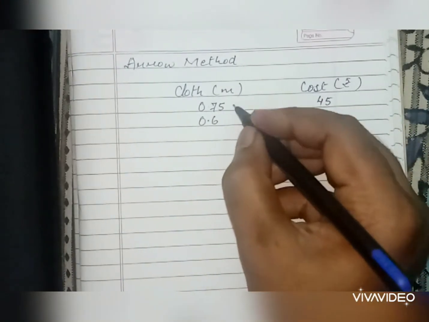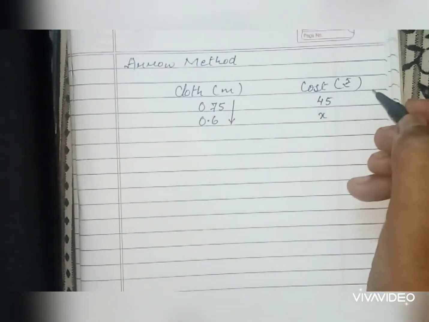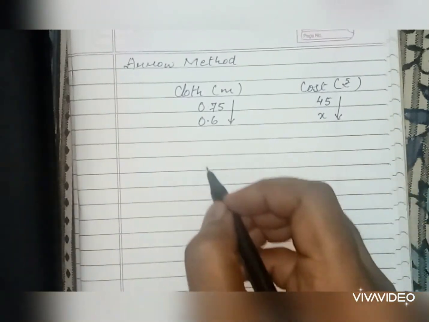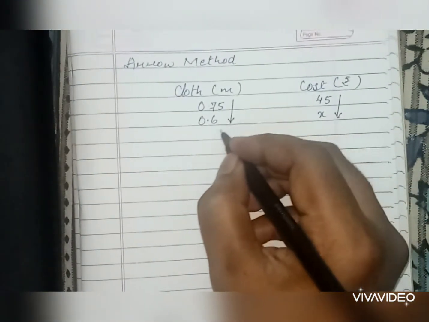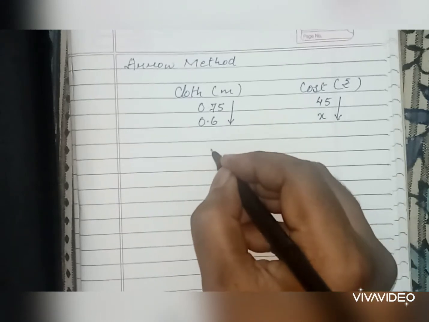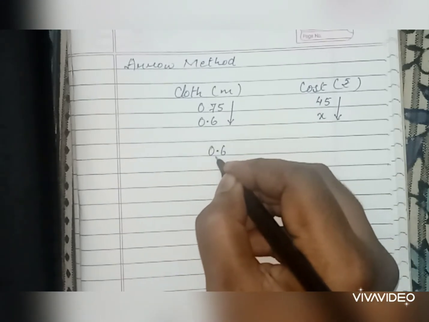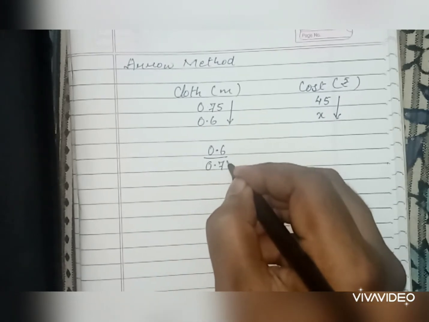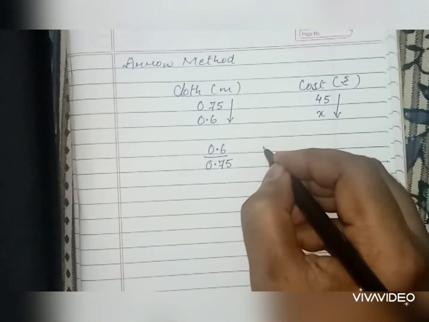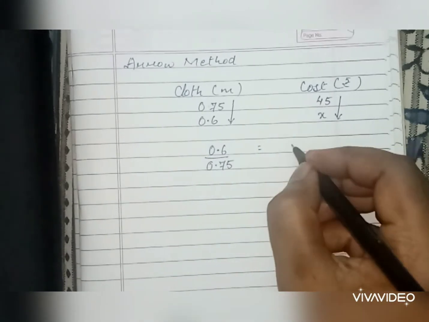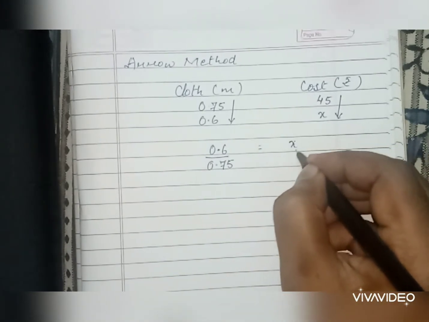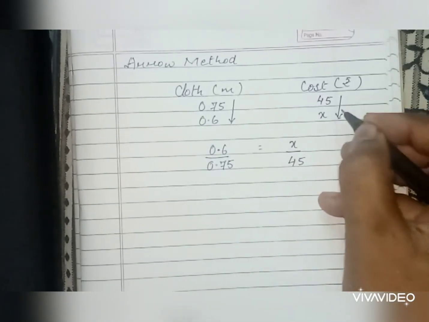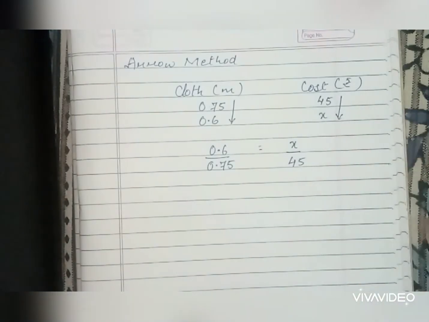So here you can see that the arrow is heading towards here. The place where the arrow is heading, that thing will be written first on the upper side, and from where it is heading, that should be written on the below side. Okay, and x upon 45, because the arrow is heading over here also.